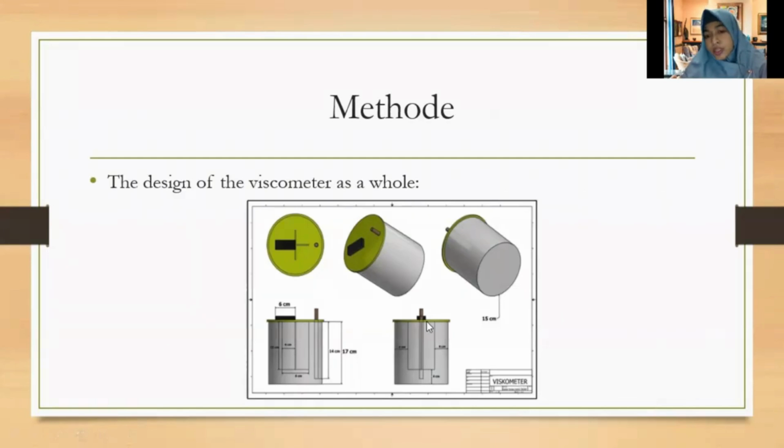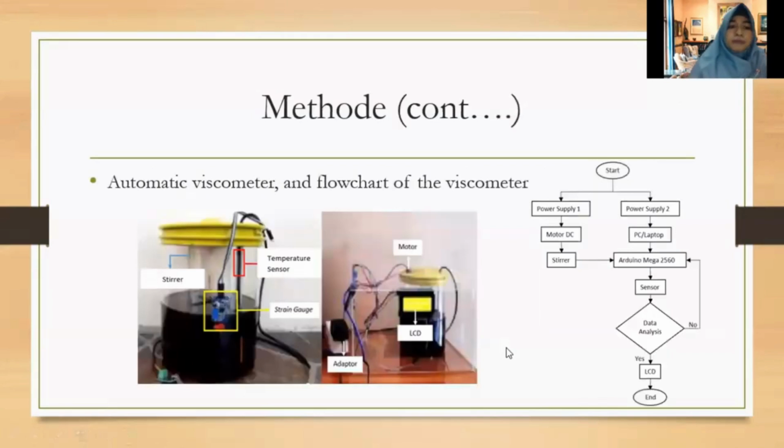The stirrer is in the center of the tube, and the height of the stirrer is, I'm sorry, 14 centimeters. And then this is the automatic viscometer and the flowchart of the viscometer.